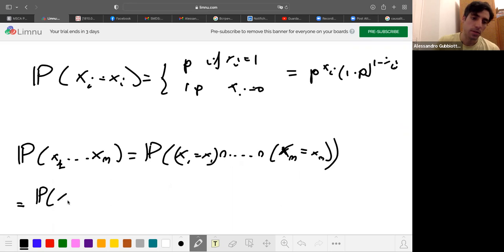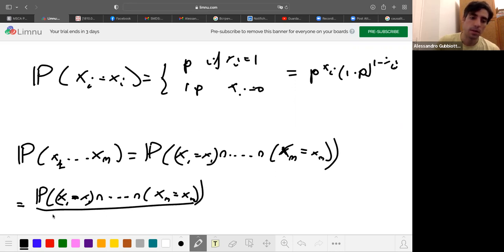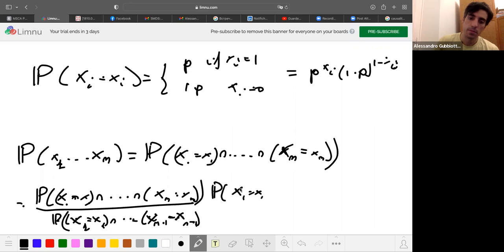So this is equal to the probability of X1 equal to x1 and etc. and Xn equal to xn, divided by the probability of X1 equal to x1 and etc. until Xn minus 1 is equal to xn minus 1, and we multiply by the same thing.